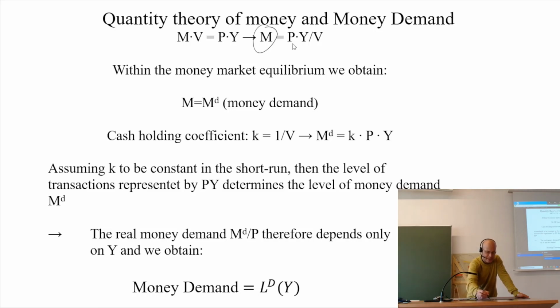Then this is P times Y over V. And then, taking classically that this is the money supply, because this is how many euros the European Central Bank is giving out, then we have our money demand, and in equilibrium this has to be equal. So this is then money supply.